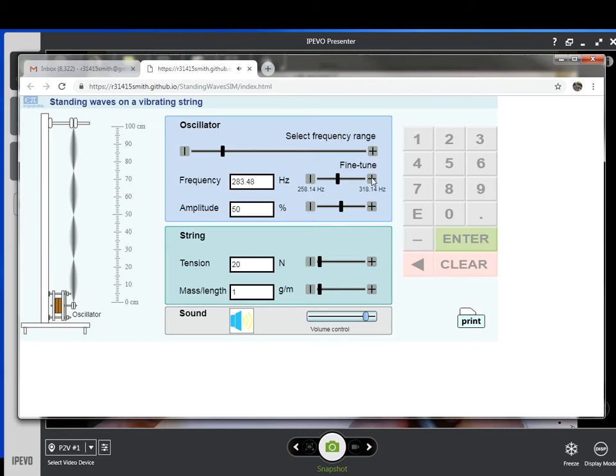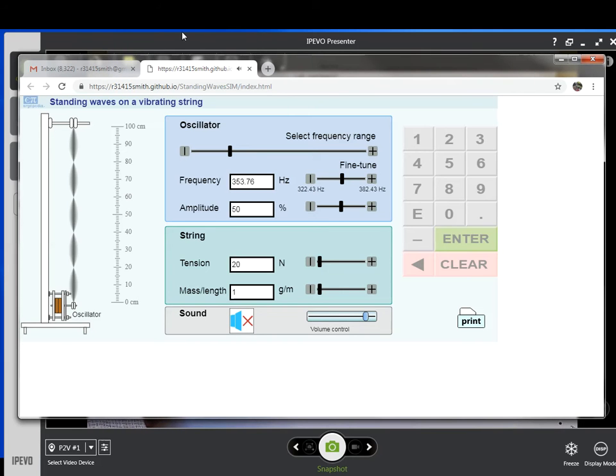N equals 4 has f4 equals 283.5. And finally, there it was. Finally, n equals 5 has f5 equals 353.8.